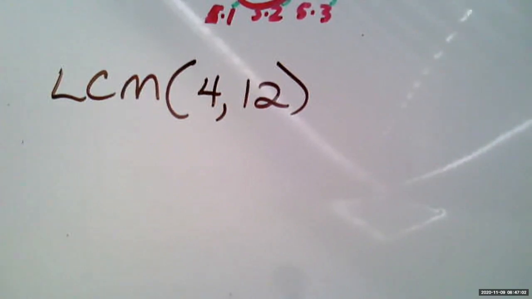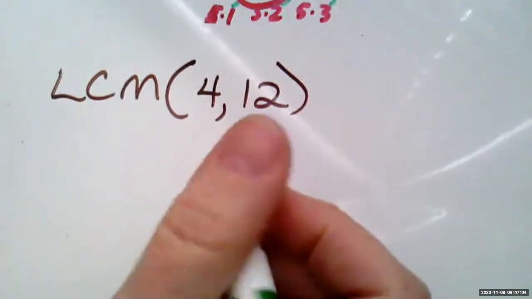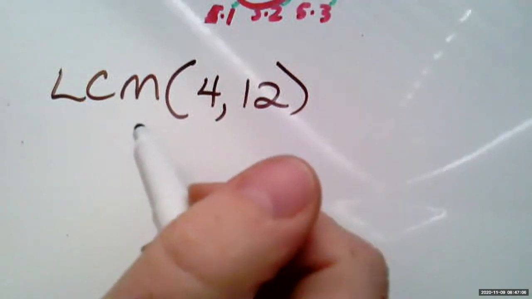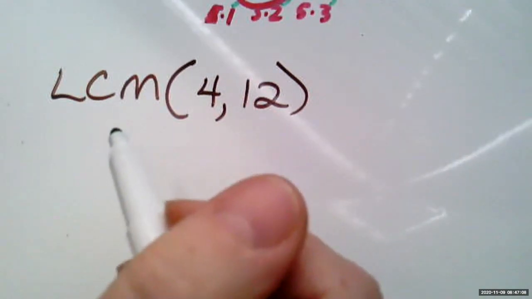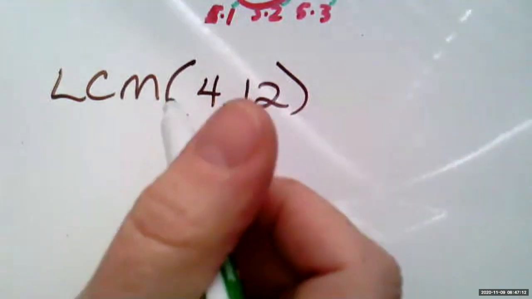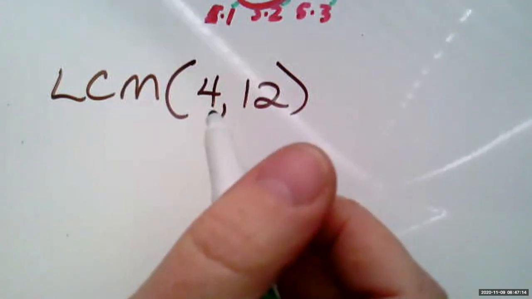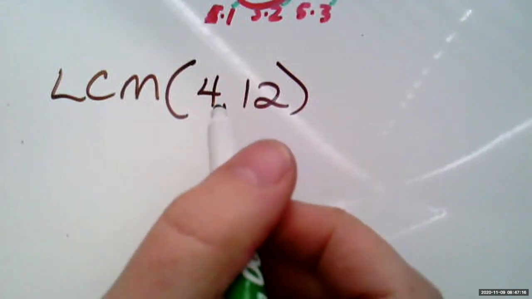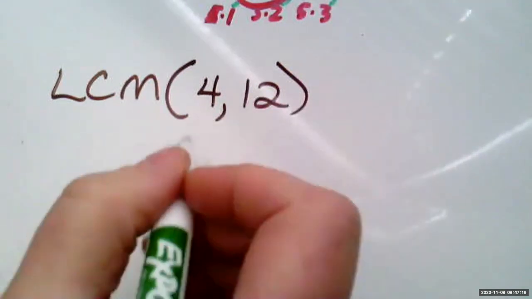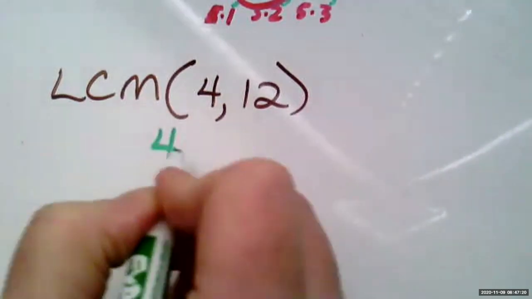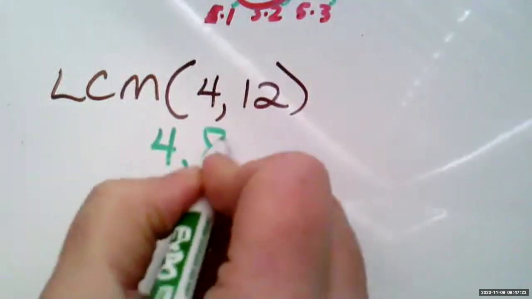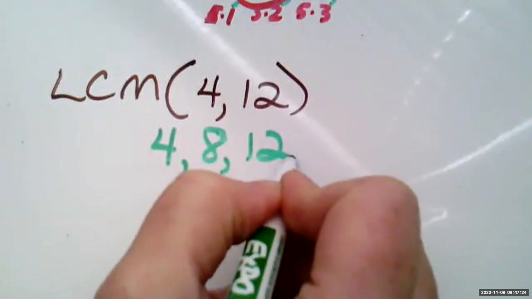And this is where some kids have learned that we have greatest common factors, but I'm not asking for factors. I'm asking for multiples. Multiples mean multiply, means you're going to have a bigger number. Multiples of 4 start with 4, 8, 12.